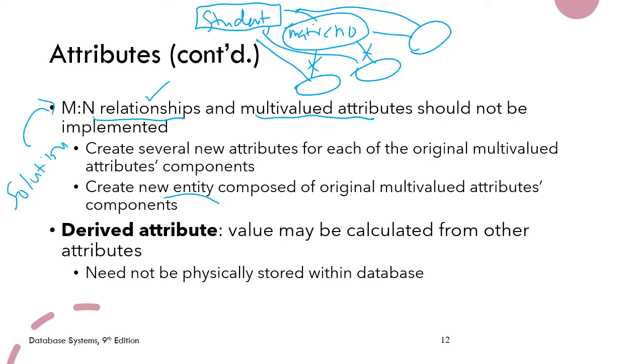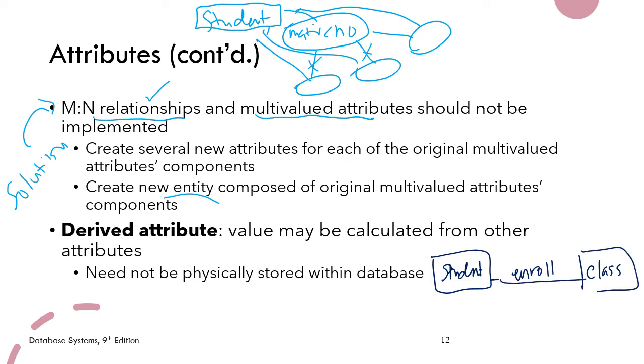For many-to-many relationship, remember: student enrolls in class. One student enrolls in one class, but when we generalize, many students enroll in many classes. So we have a many-to-many relationship. How to handle this?